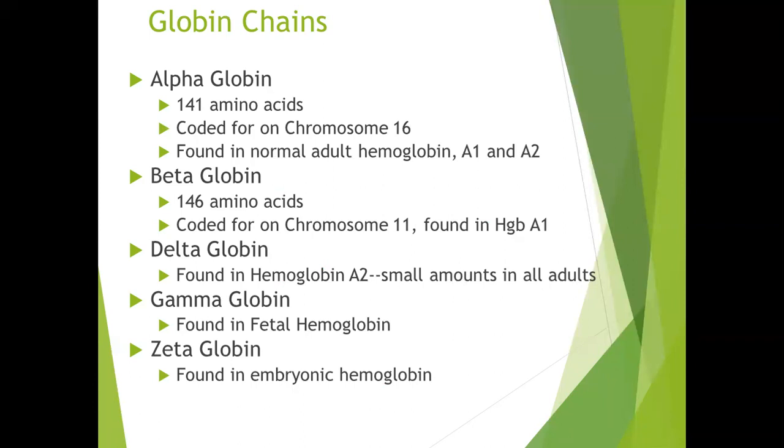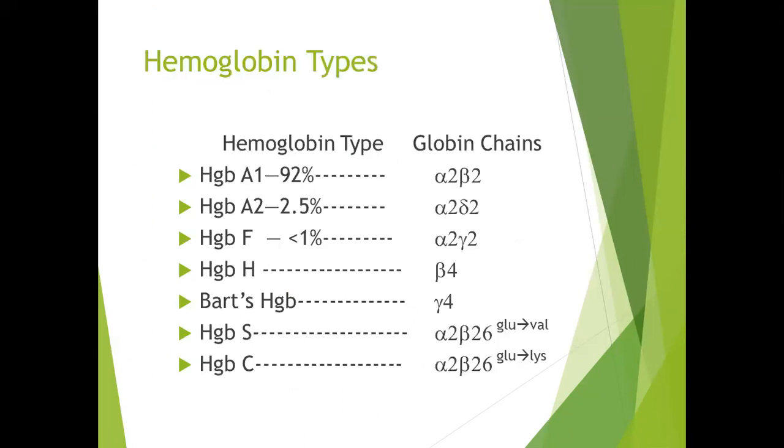Beta globin chain consists of 146 amino acids coded for on chromosome 11, found in hemoglobin A1. Then delta is found in hemoglobin A2, small amounts in all adults, 2 to 2.5%. Gamma globin chain is found in fetal hemoglobin, and zeta globin is found in embryonic hemoglobin. So we will quickly go through all this.